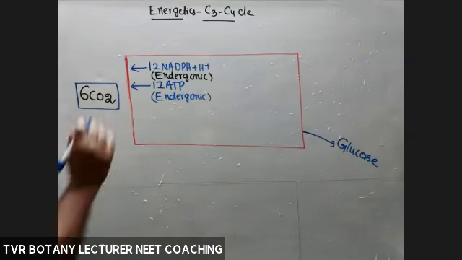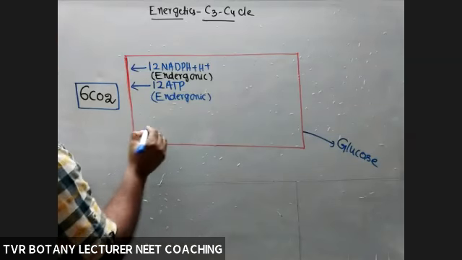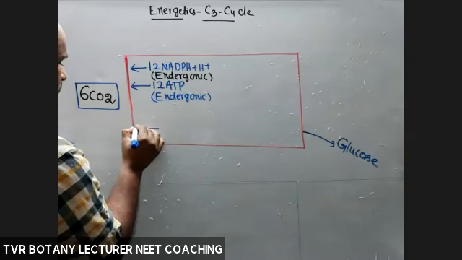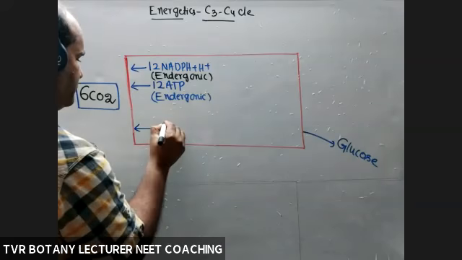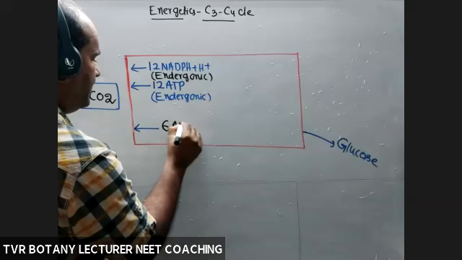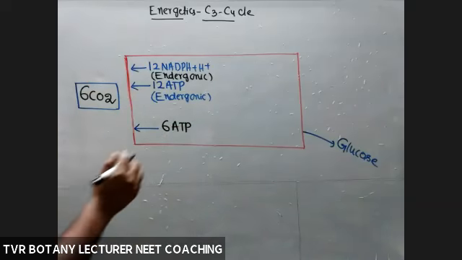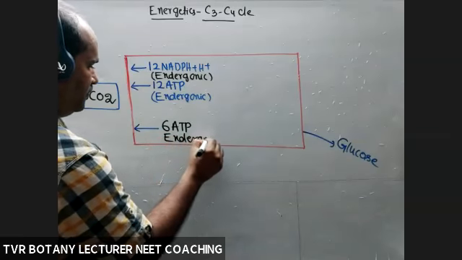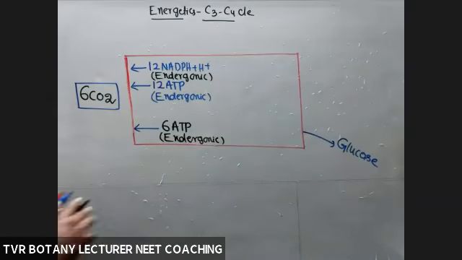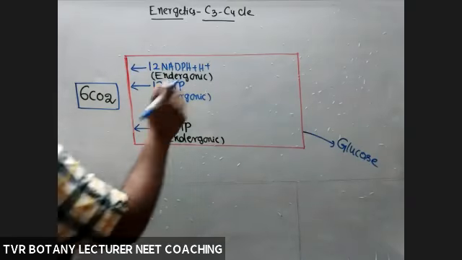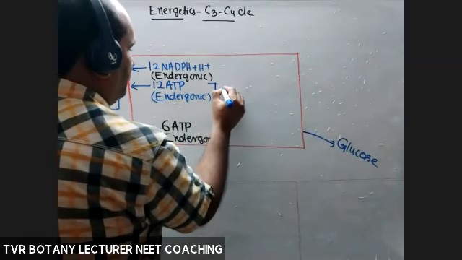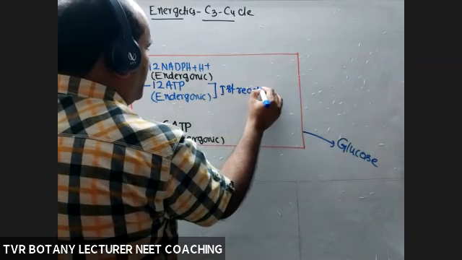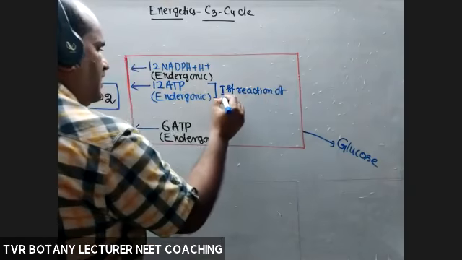Right? Next. During regeneration phase, this one is the regeneration phase. I will give you separately, don't worry. Here, 6 molecules of ATP consumed. So this is also an endergonic reaction, energy consuming reaction. Right? So this one is the first reaction of the reduction phase.